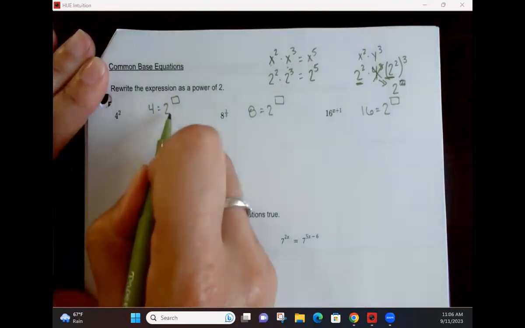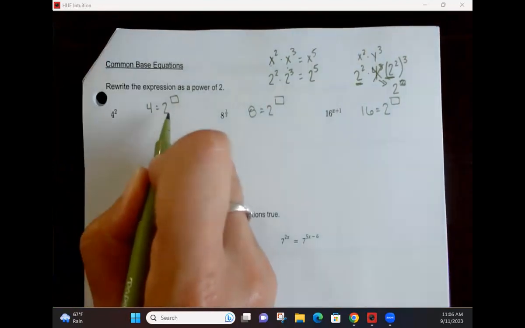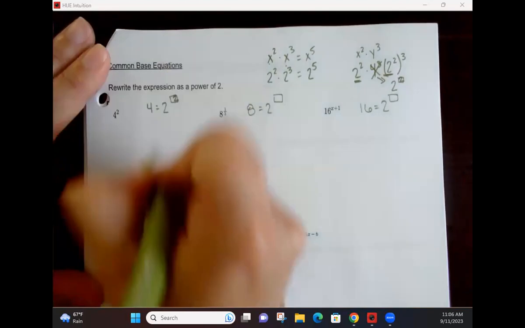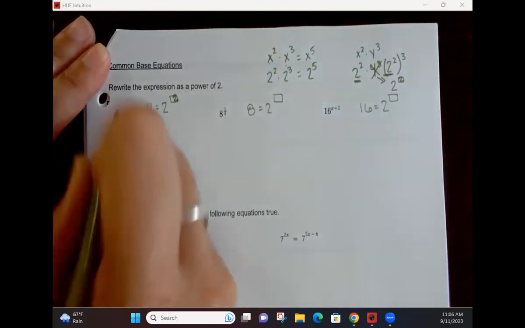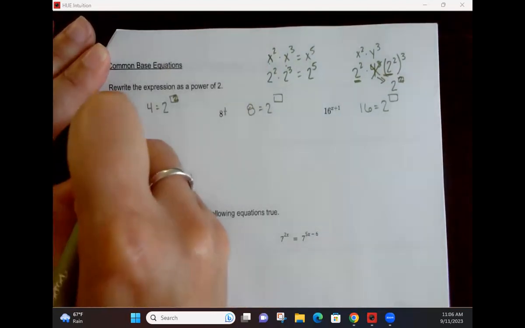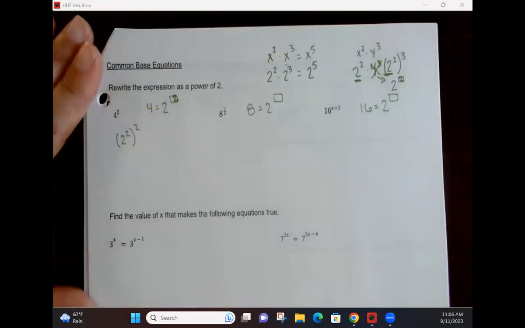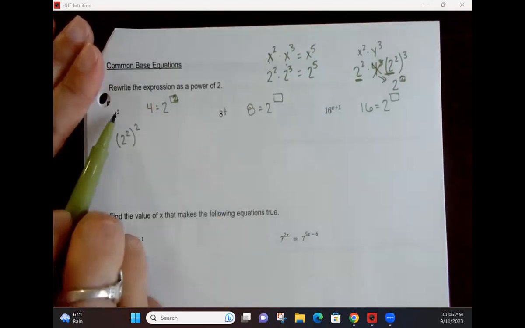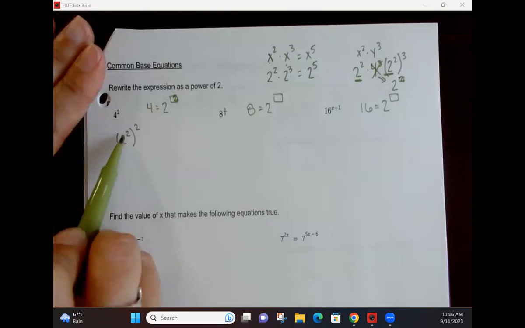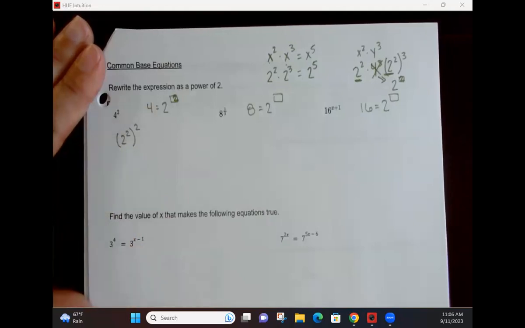4 is 2 to what power? The second, right? It's 2 squared. So instead of saying I have 4 here, we can say I have 2 squared to the second power. Right? Original exponent stays, we're just replacing it with 2 squared. Kind of similar to that composition idea that we worked with.